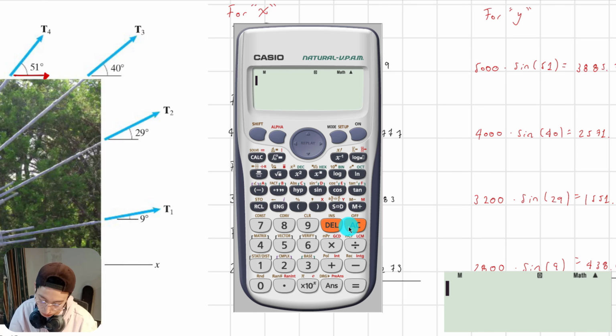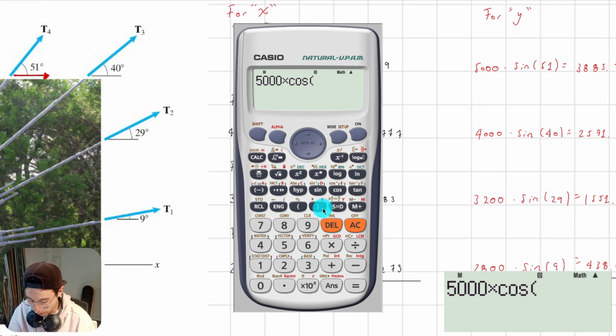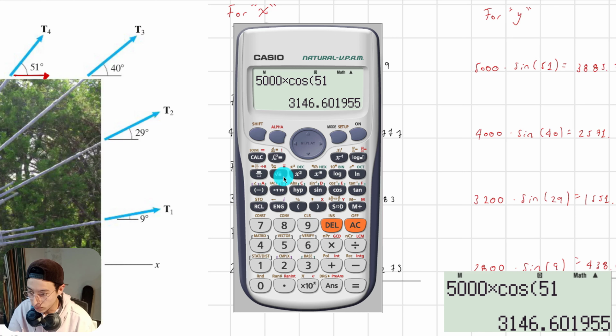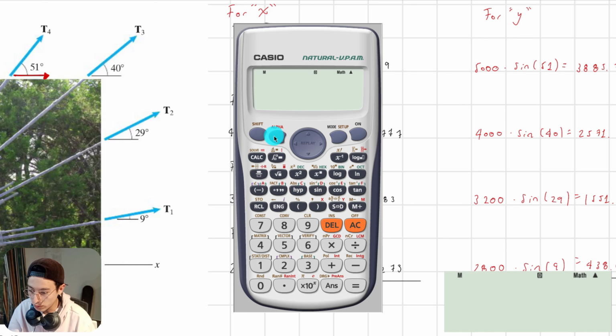All right, so we're going to do it together. 5,000 times the cosine of 51 equals this. I'm going to press Shift Storage and save it within A, so when I look for A, it is going to show me the result.